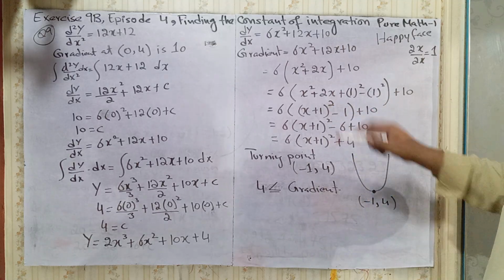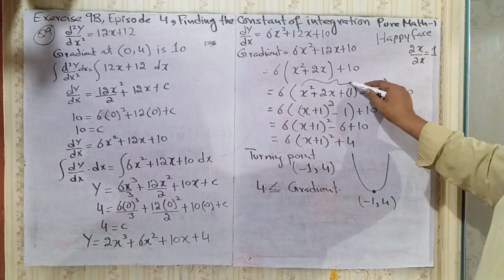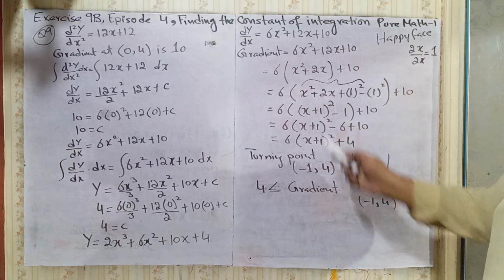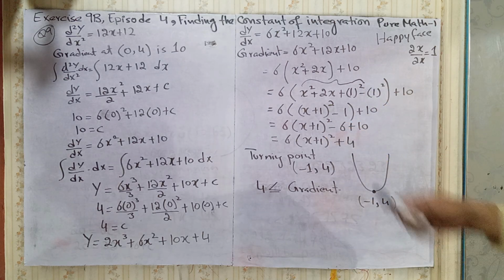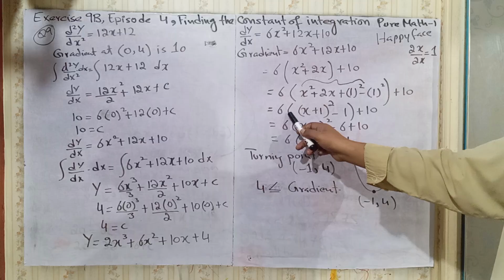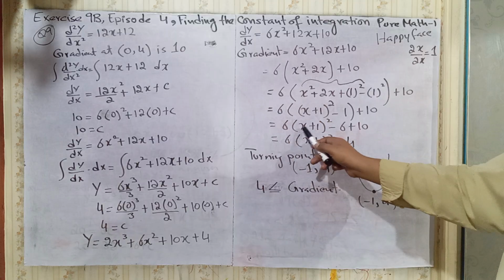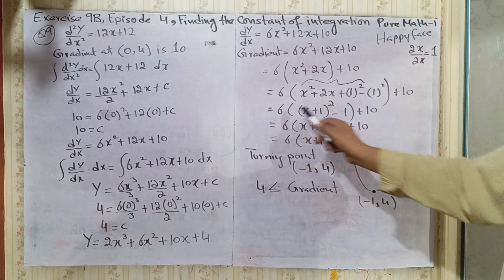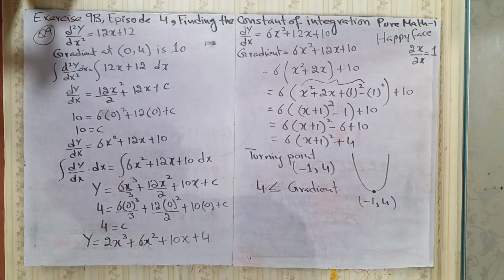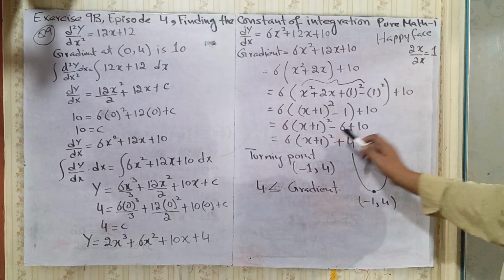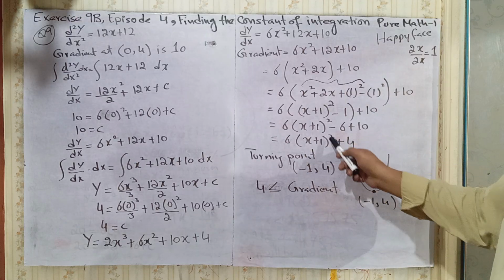These three terms make the formula (x plus 1) whole squared, and this minus 1 is here. Now I open this bracket, so this becomes 6(x plus 1) whole squared. 6 multiplied by the minus 1 gives minus 6, and this plus 10 is with it. So you will have 6(x plus 1) whole squared plus 4.